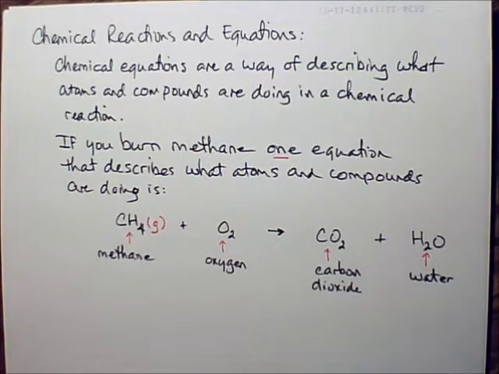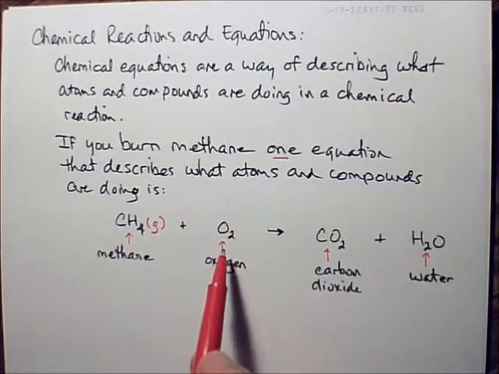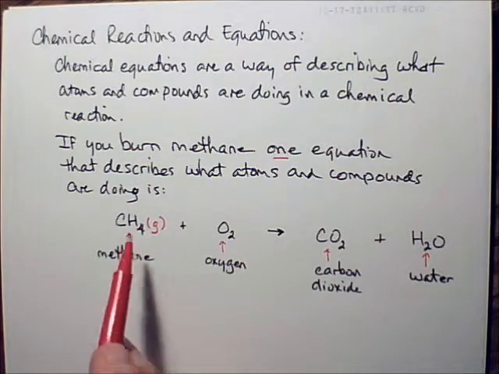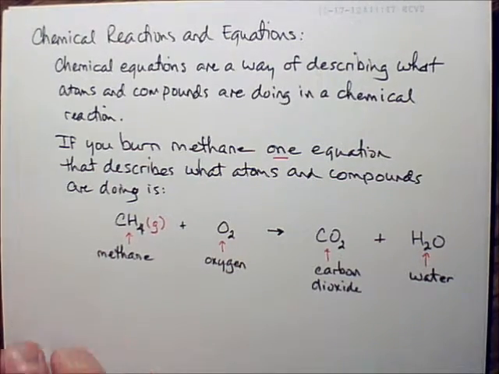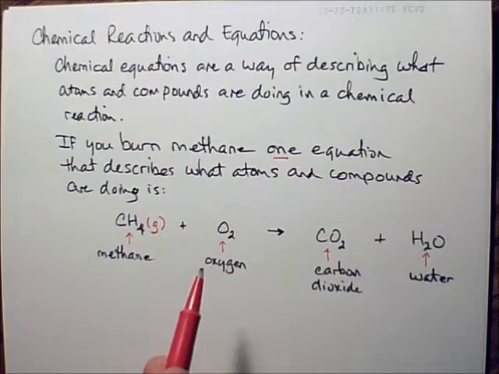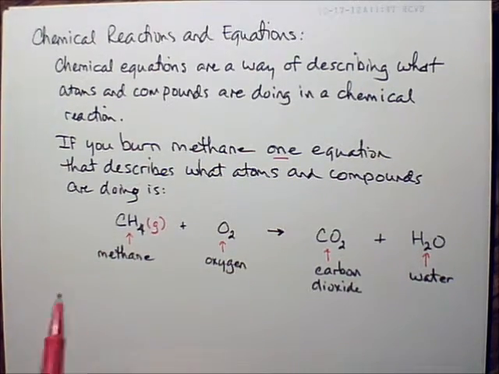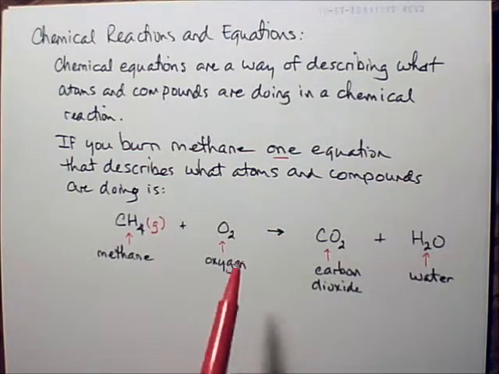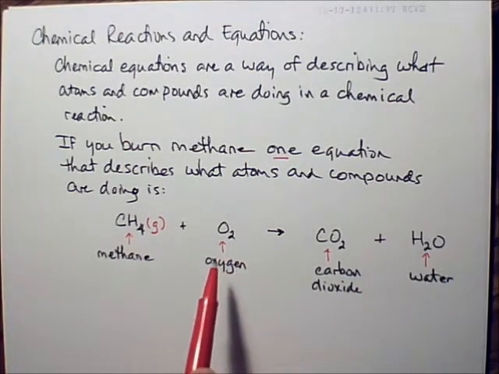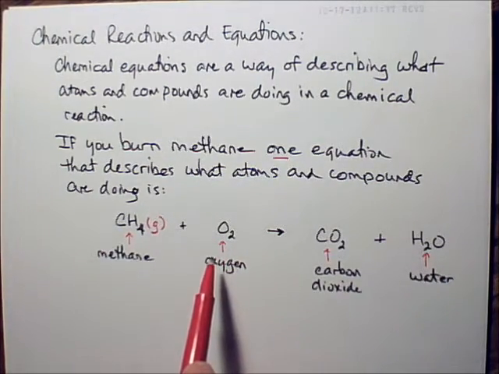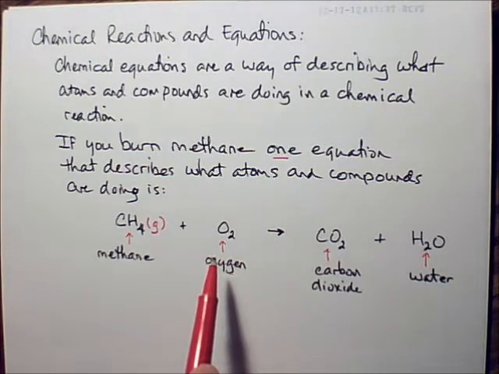Now, any kind of combustion, and burning is combustion, the word in chemistry is combustion. You're always combining some kind of fuel with oxygen. The other day we burned magnesium. Magnesium then was the fuel. Where does the oxygen come from for that flame over there on the lab table?